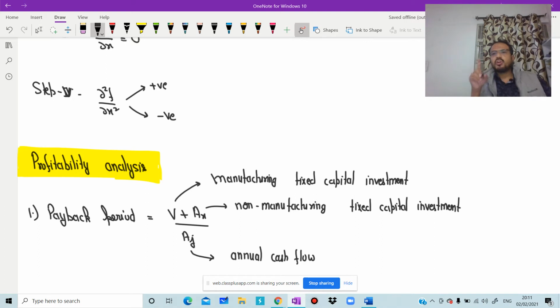That's why you solved one previous year question, and so many students ask why do we need to add depreciation? Because annual cash flow includes depreciation.